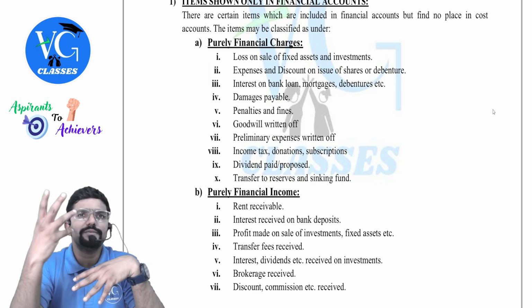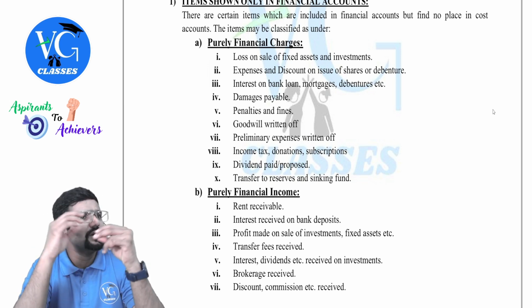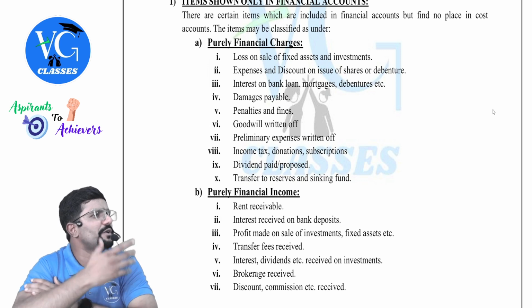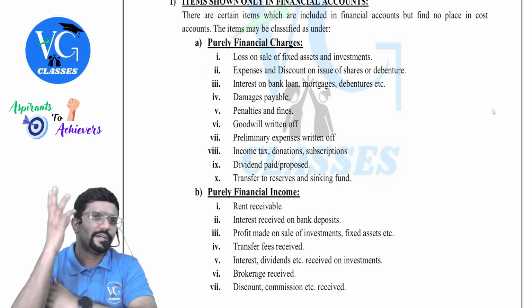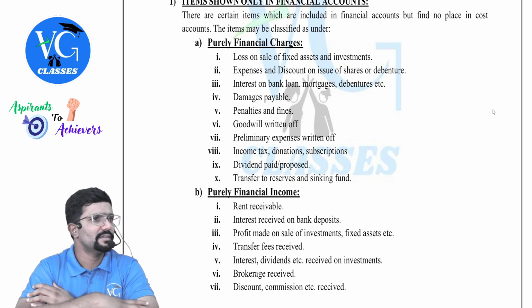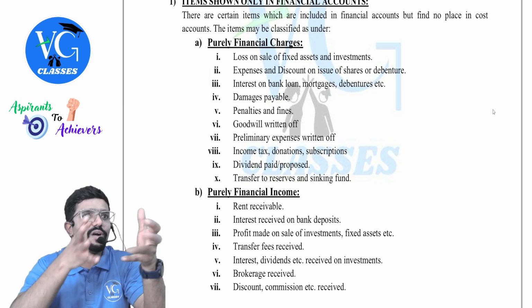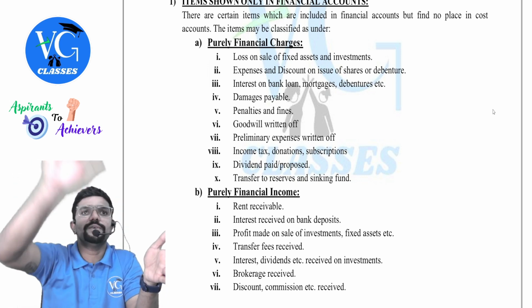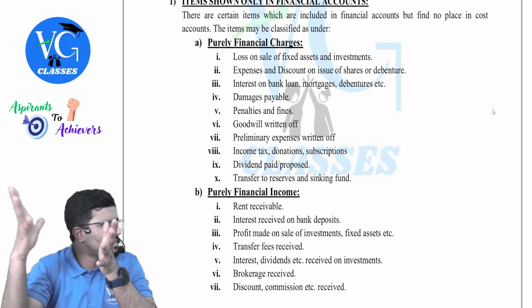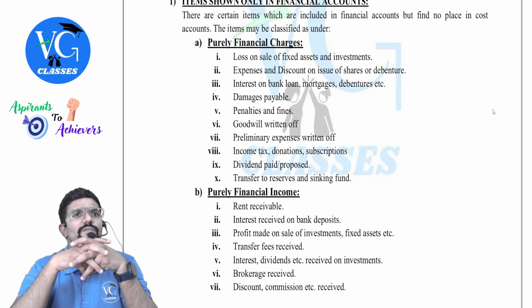Now we will transfer net profit to P&L appropriation. Assume we have a net profit of 10 lakh. What do you do with this? 2 lakh we are distributing as a dividend. Record it. 8 lakh we are transferring to reserve. You will record it. Correct. That means what do you do with 10 lakh? You will transfer it to the respective accounts. Proposed dividend. Transfer to so and so reserve. Clear?